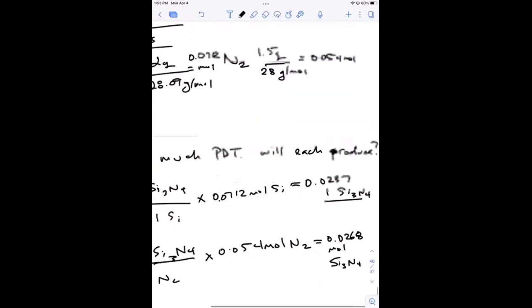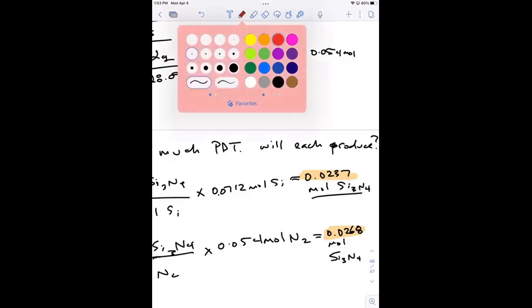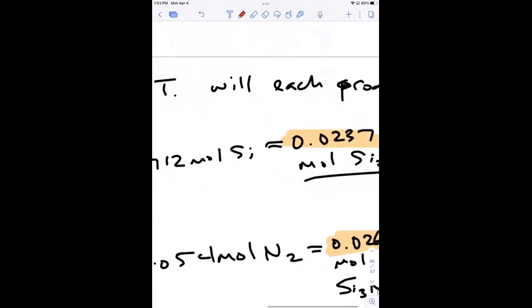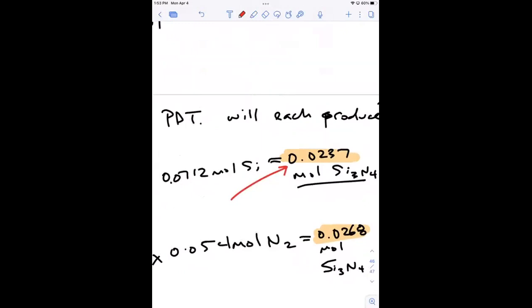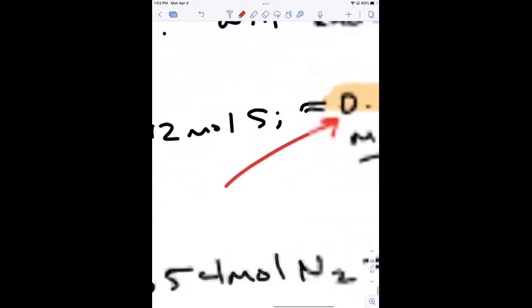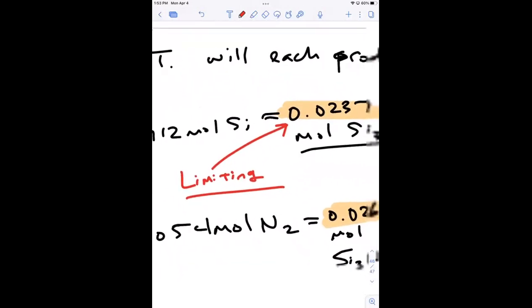So nitrogen is going to give me this much product, and then silicon is going to give me this much. Which one is the least amount? The first one. Silicon. 0.0237 is less than 0.0268. So this is limiting. This is going to give me the least amount of product.